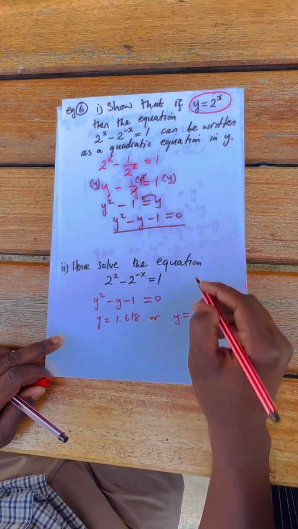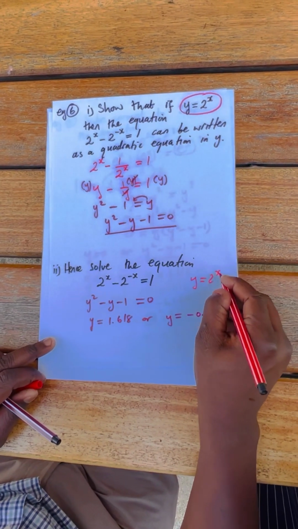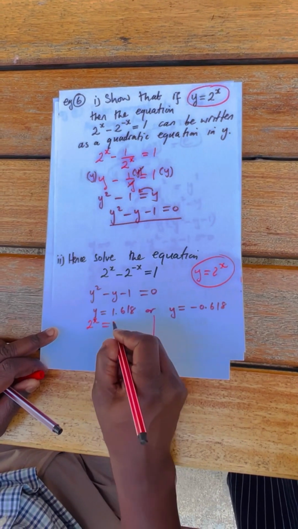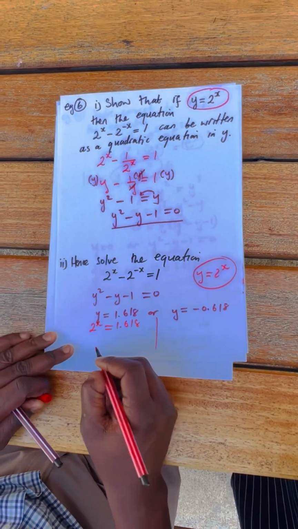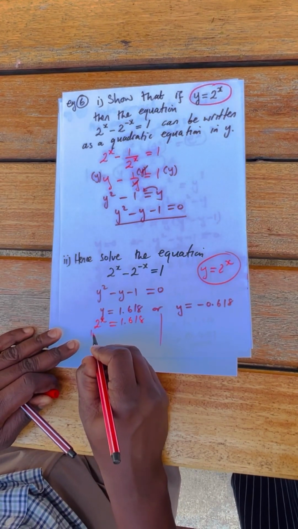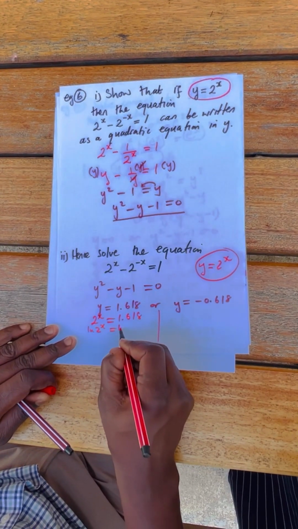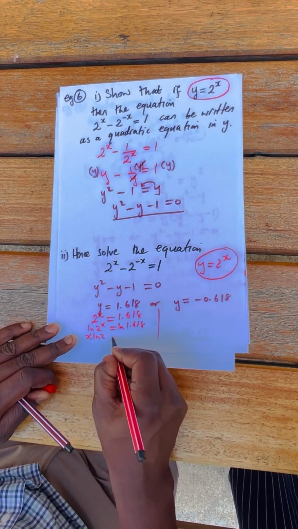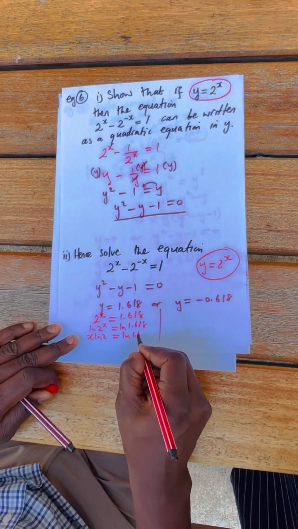I now remember that I made a substitution, 2 to the power x. So I go 2 to the power x equals 1.618. I apply ln both sides. So ln of 2 to the power x equals ln 1.618. This is x ln 2 equals ln 1.618.